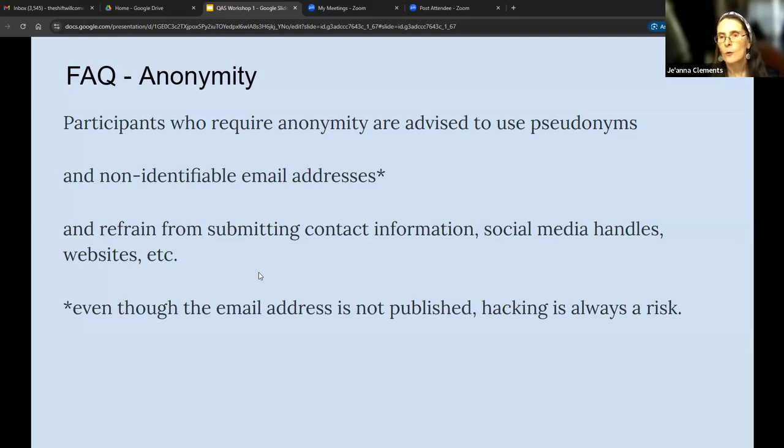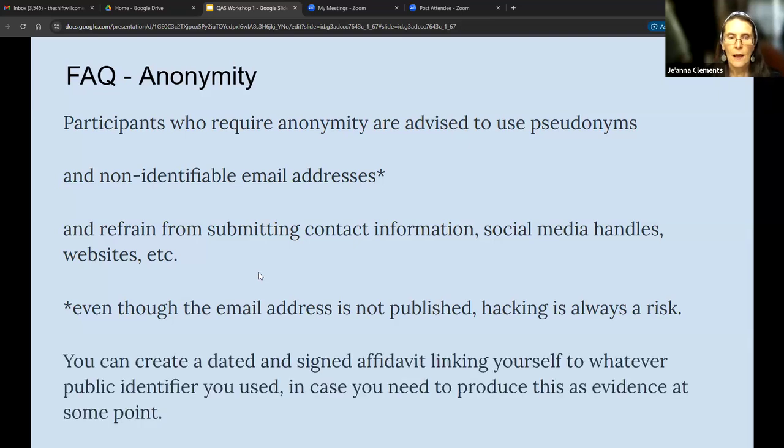Whereas people who are participating partly in order to broadcast just what fantastic best practice they are doing would want to include all of that. You wouldn't want to include all of that. And then, of course, you can create a dated and signed affidavit that links yourself to whatever public identifier you have used.